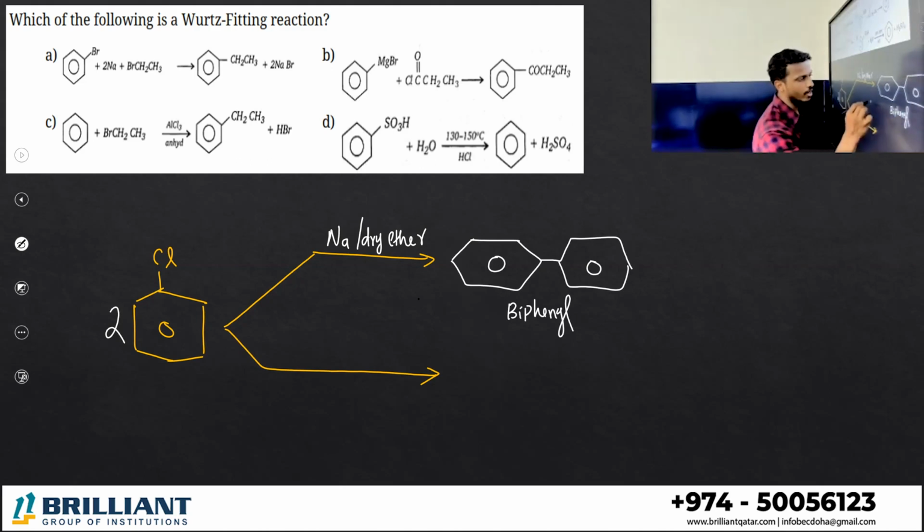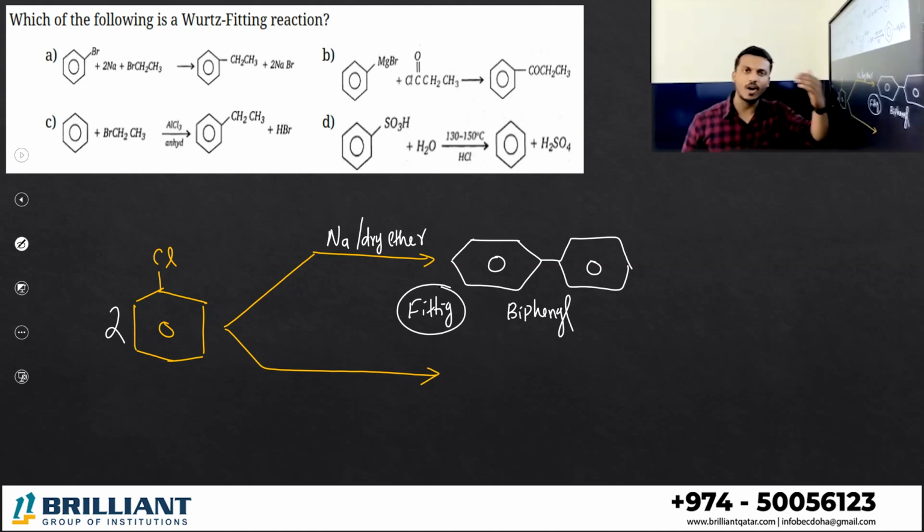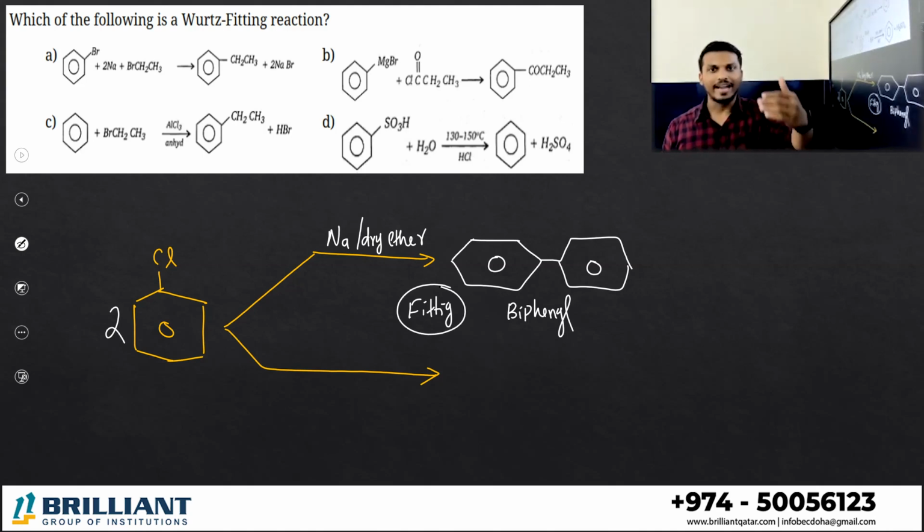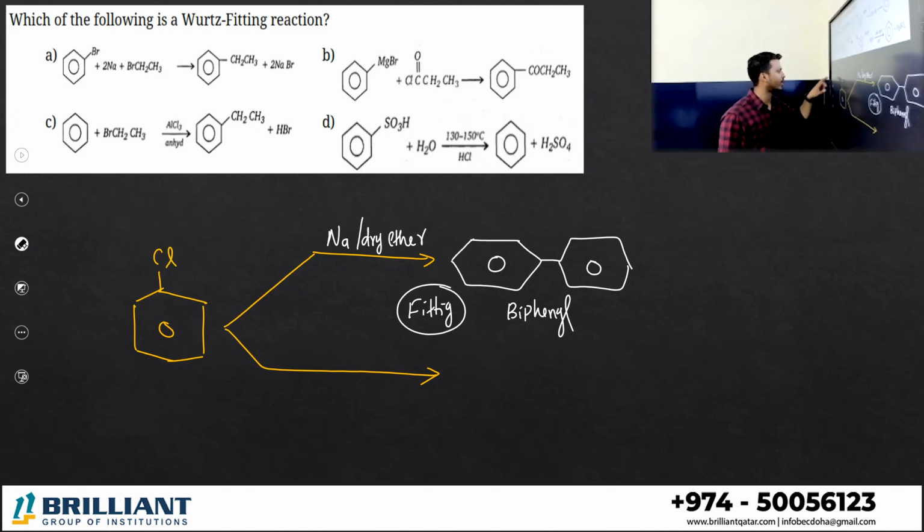This is known as what? Fittig reaction, conversion of a haloarene into diphenyl or biphenyl is called Fittig reaction. Wurtz-Fittig is a small change. What is meant by Wurtz-Fittig reaction? In this case, we are taking sodium in presence of dry ether. So this is same like Fittig, right? Only one thing is extra. A haloalkane.